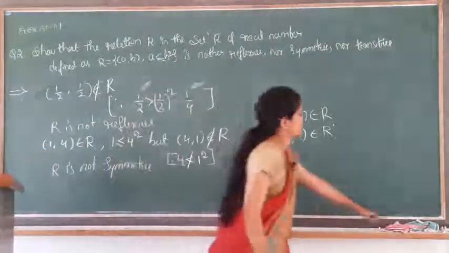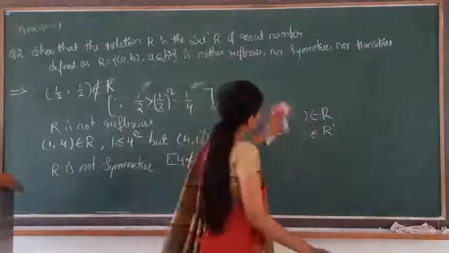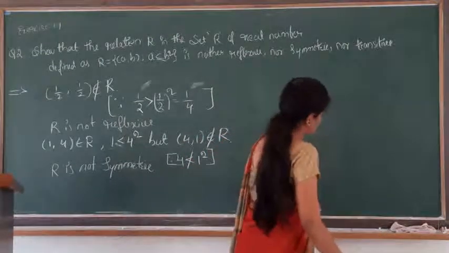Now we need to show that R is not transitive.